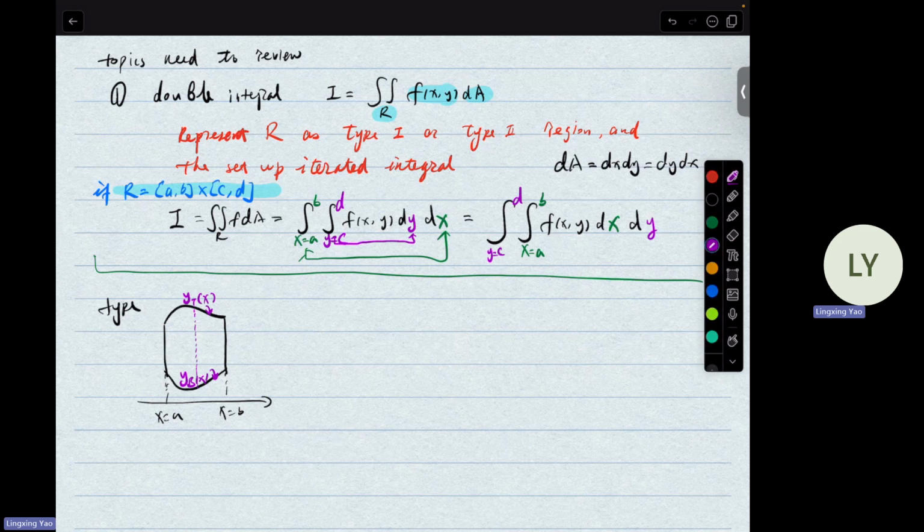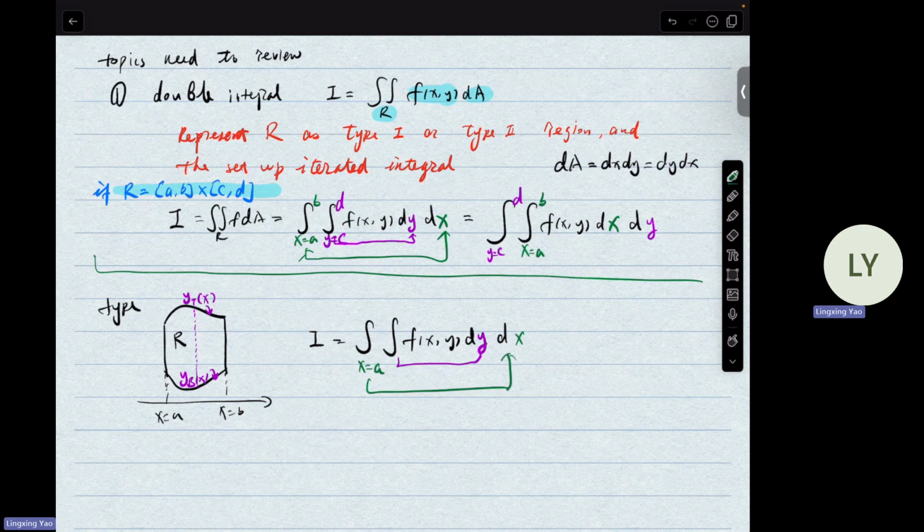And in this case, how do we write the iterated integral? So this is R, or D, if you choose to use a different letter. If this is the type 1 region, we're going to integrate about the y variable first as the interior integral, and the x variable for the exterior integral, and obviously the x value is chosen from a to b so that the limits for the exterior integral will be constants.